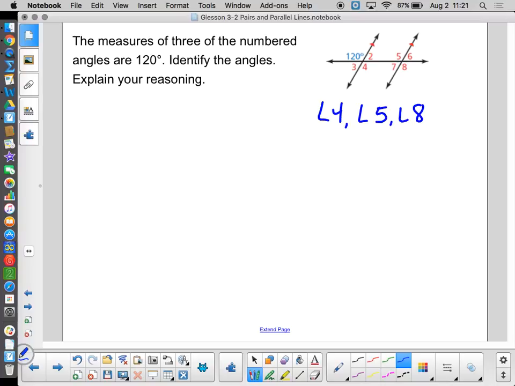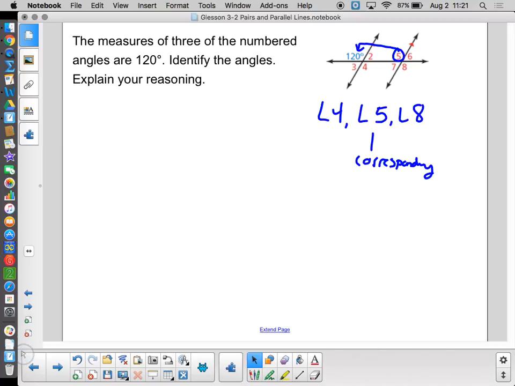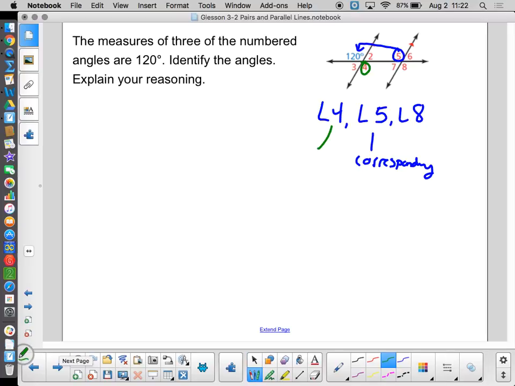Now we could justify some of this. Angle 5 has to be 120 because angle 5 and the 120 degree angle are corresponding. Angle 4 has to be 120 because the angle pair is vertical.